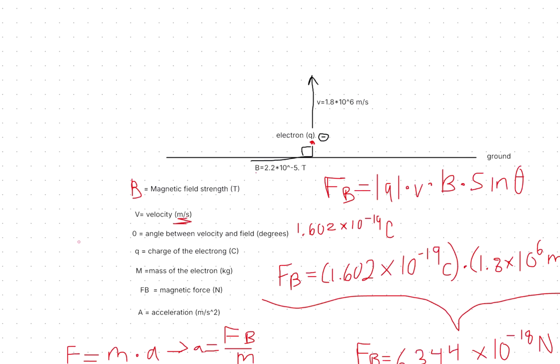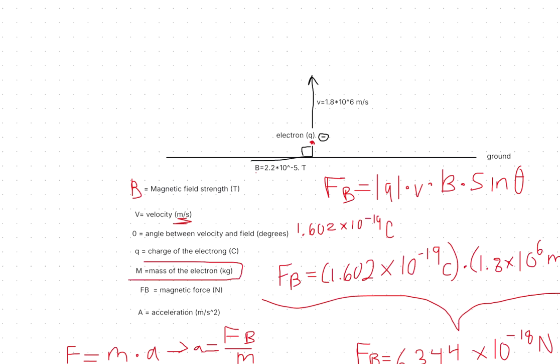Theta is the angle between the movement and the field, which is, as we know, 90 degrees. And then Q, as I wrote here, is the electric charge of the electron, which is measured in coulombs. And M is the mass of the electron, which is measured in kilograms.